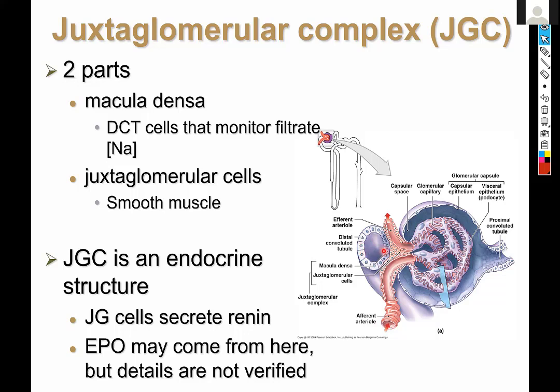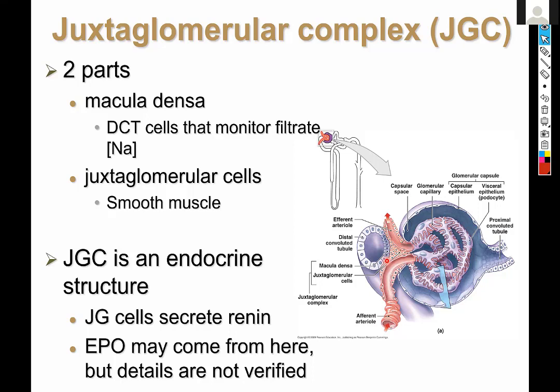In fact, it almost is. So the cells here, and if you look, we have a cuboidal epithelium that's pretty normal and regular, and then on the side of this tube that is kind of stuck in the crook of the afferent and efferent arterioles, suddenly the cells become tall and skinny and sort of mashed together.